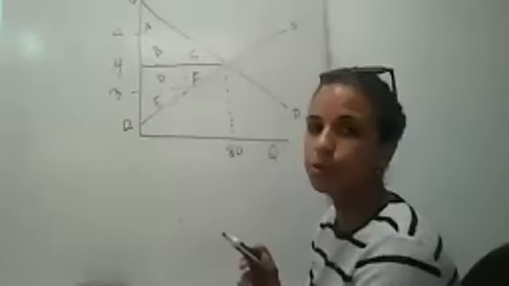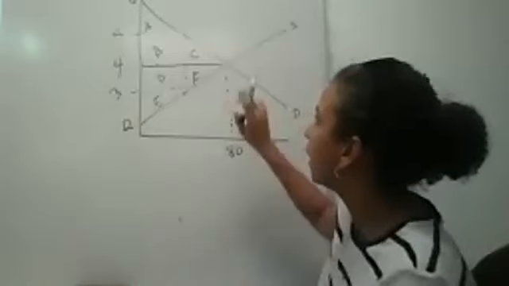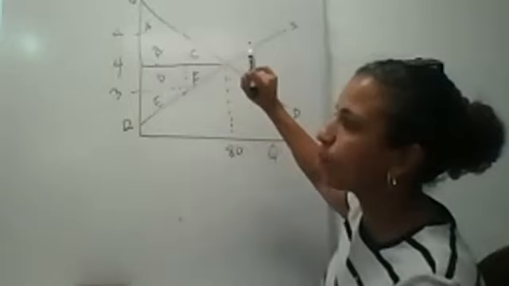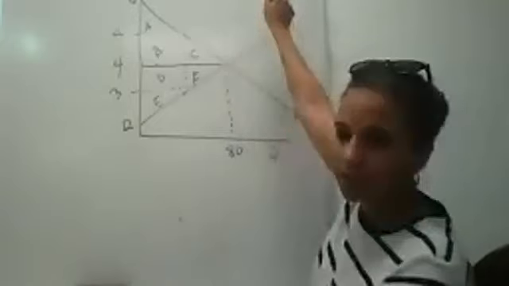So to start off the problem, it would ask you, let's say, for example, what if there's a price ceiling of 70, right? So way up there's a $70.